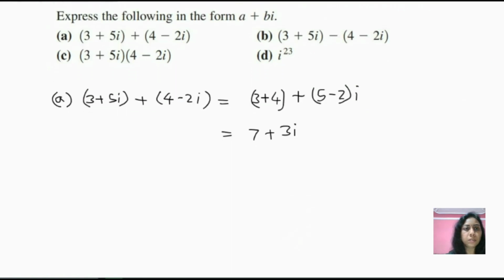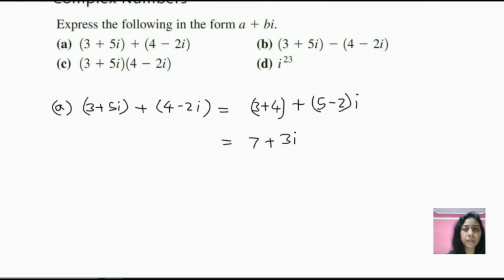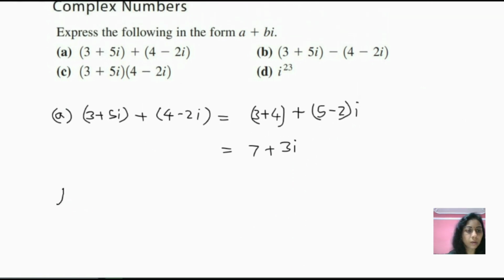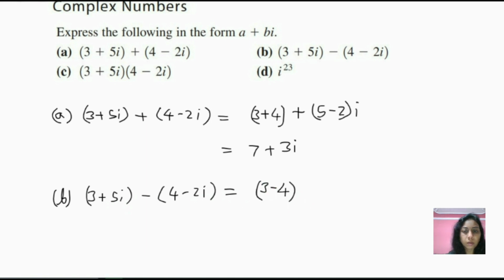So adding and subtracting complex numbers is really easy. Now we solve question B: 3 plus 5i, the same complex number, but subtract. Here subtract the real parts, so 3 minus 4, and subtract the imaginary parts, 5 minus 2, i.